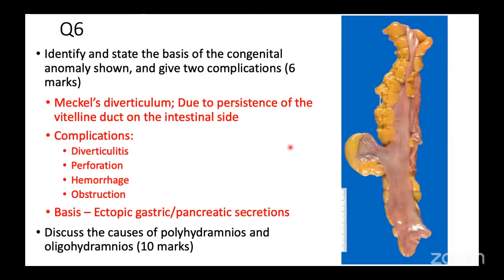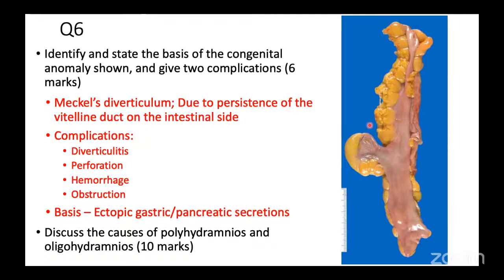As for complications, most of them are related to the epithelium that lines it. Usually you don't actually have intestinal epithelium, even though it arises from the intestines. Usually it's lined by ectopic epithelium, for example, gastric or pancreatic tissue.